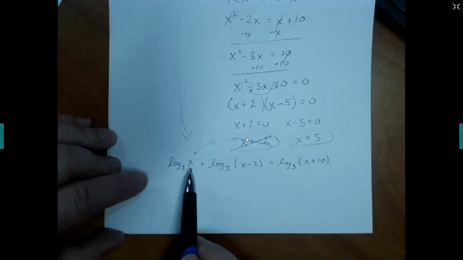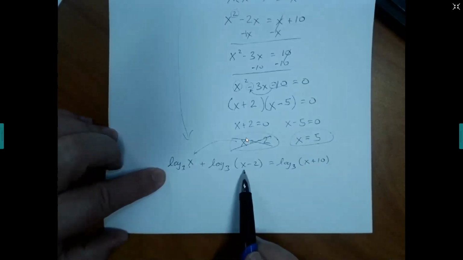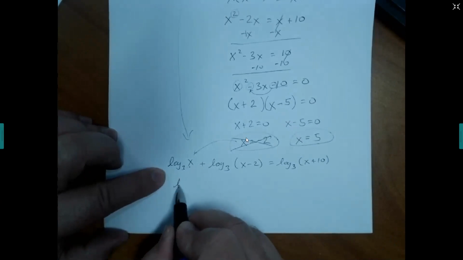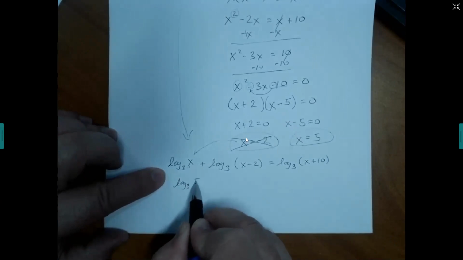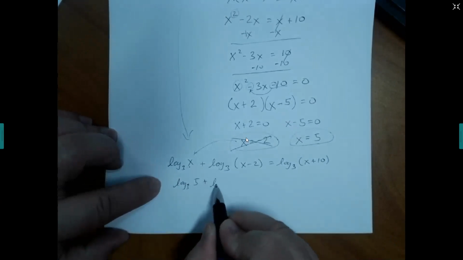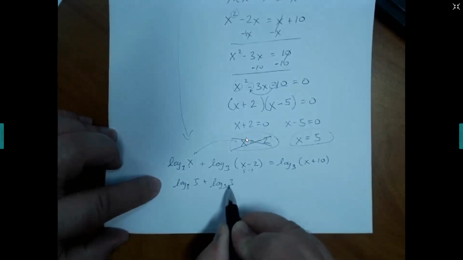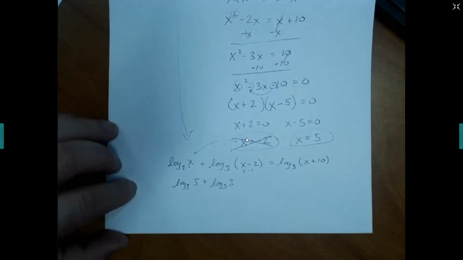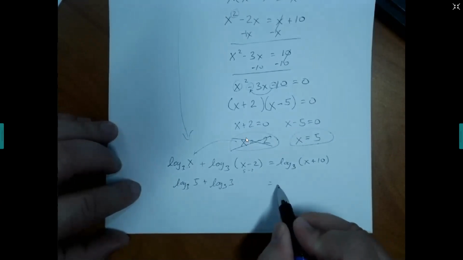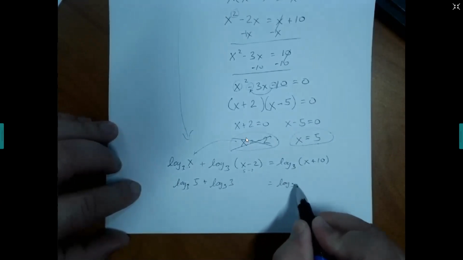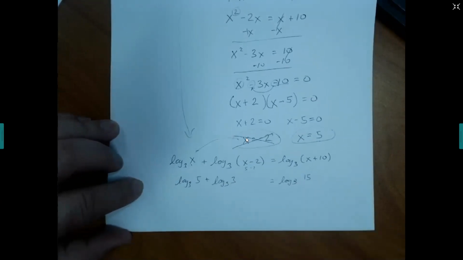Can we use a 5? 5 minus 2, so we have log of 5, and 5 minus 2 is 3. Log of 3. 5 plus 10 is 15.